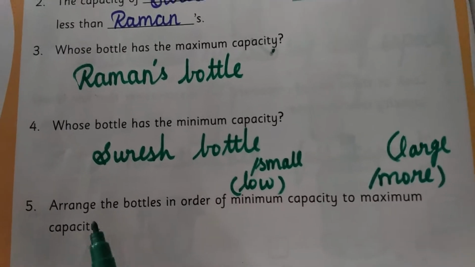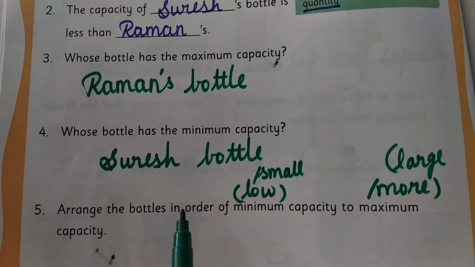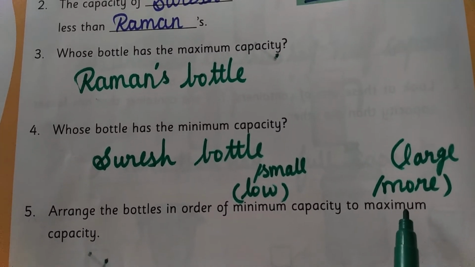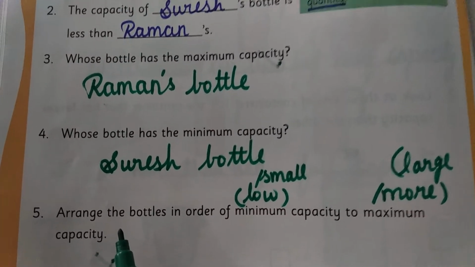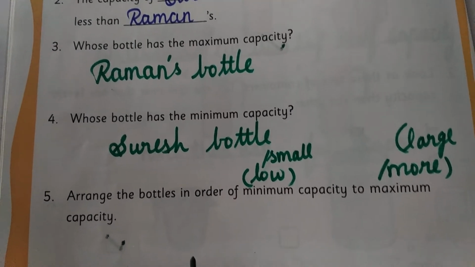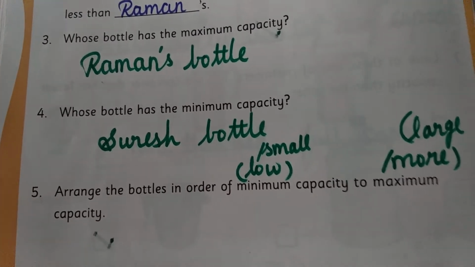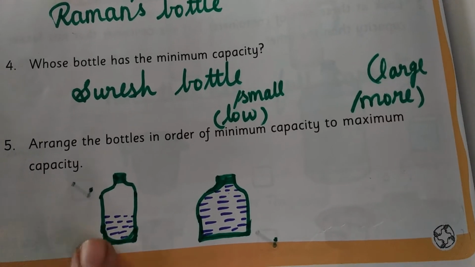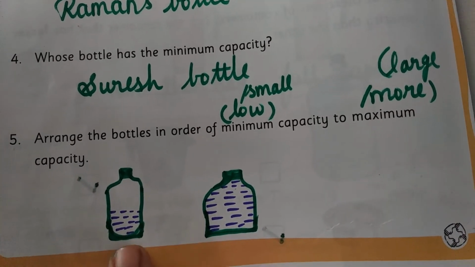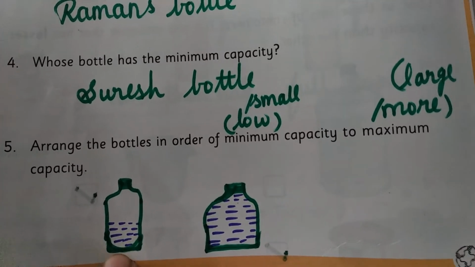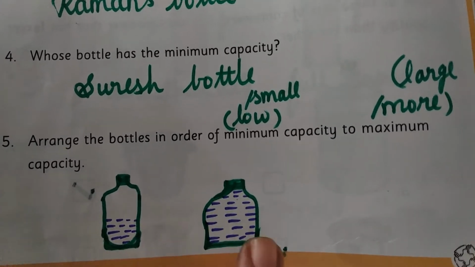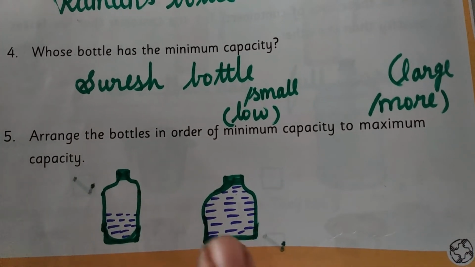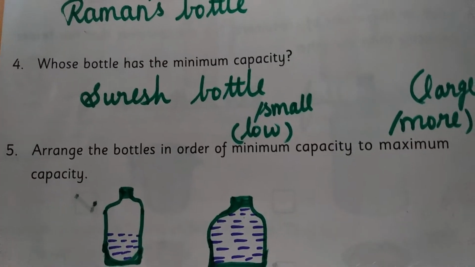Like that, they are asking you to arrange the bottles in order of minimum to maximum capacity. So you want to draw the water bottles here. First draw the minimum capacity water bottle. Minimum means half of its capacity. Maximum means the water bottle is filled fully, we call it maximum. Like this you want to draw.